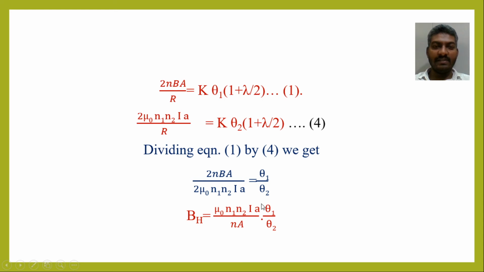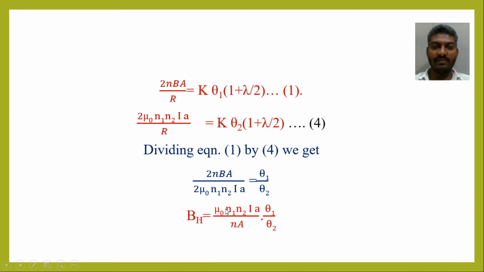Now let us rearrange this equation. I am writing this B as BH, that is the horizontal component of Earth's magnetic field. BH is equal to mu naught N1 N2 IA into theta 1 divided by NA into theta 2.